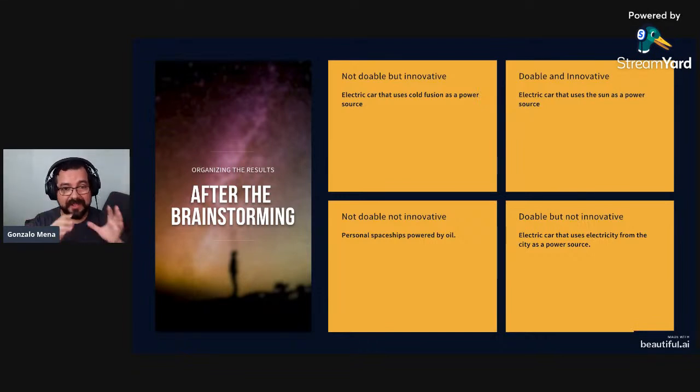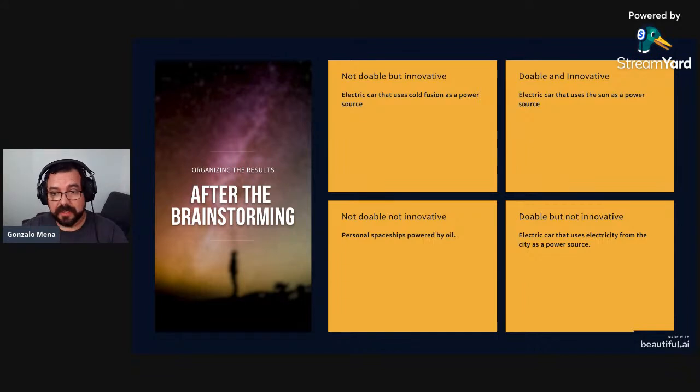And then I go through the brainstorming process. At the end of the process, I organize the ideas in these 4 squares that you can see on the screen, and you choose the doables and innovatives. You get that square, and those are the ideas that you're going to be using for the next stages.